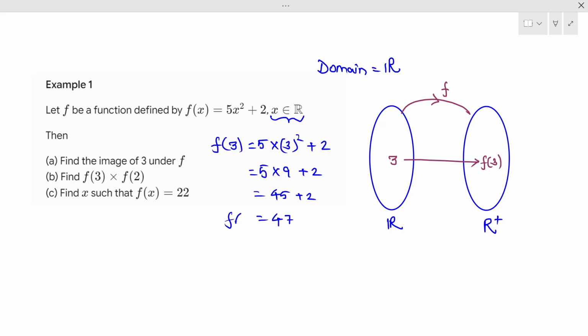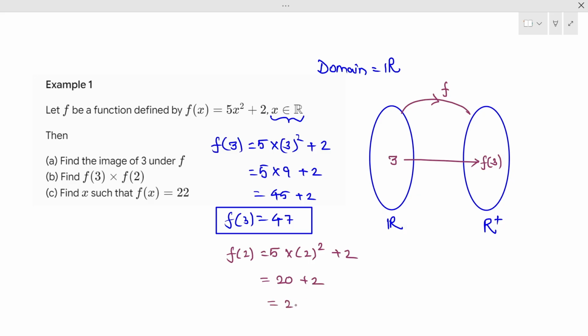So f(3), which means the image of 3 under f, is 47. Similarly, we can find f(2): that will be 5 × 2² + 2. 2² means 4, 5 times 4 is 20, 20 plus 2 is 22. So f(2) will be 22, right?